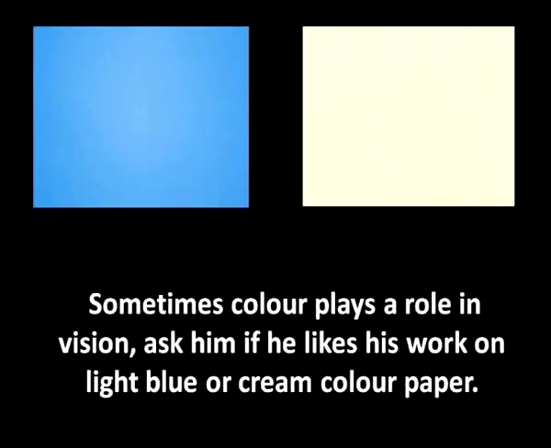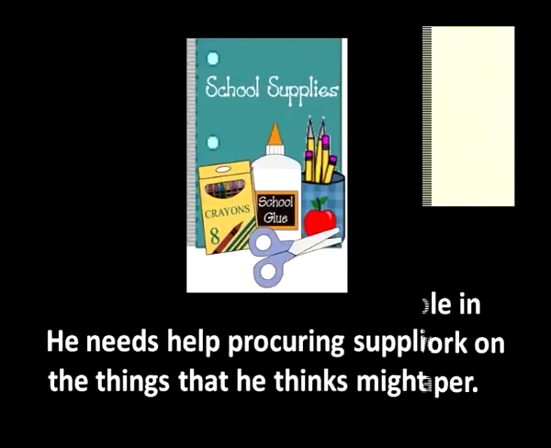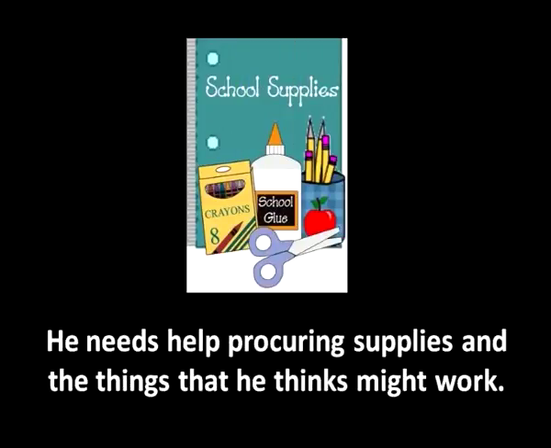Offer him work with two sizes of print. Ask him which he prefers. Sometimes color plays a role in vision. Ask him if he likes his work on light blue or cream color paper. He needs help procuring supplies and the things that he thinks might work.